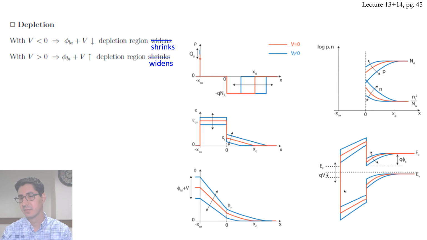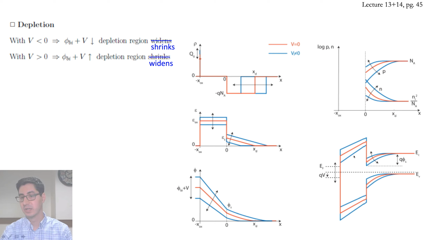Because this is a plot of electron potential, which is negative QV. So it's pulling the bands down, and you have a larger depletion width. Okay, so more positive bias, that's this lower blue curve here. You have a larger depletion width, and the bands are bending down at the surface.